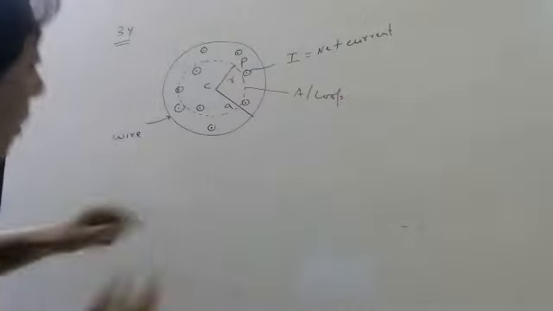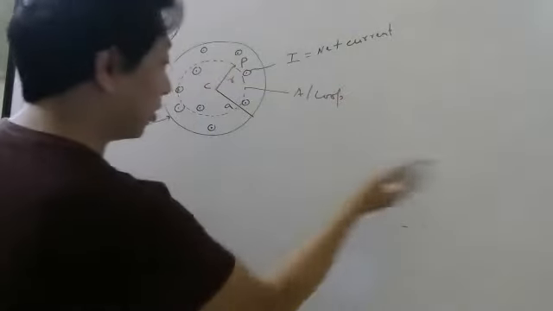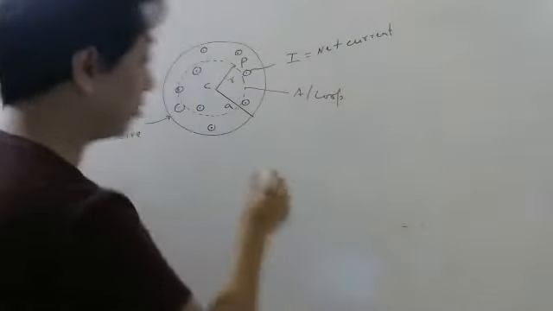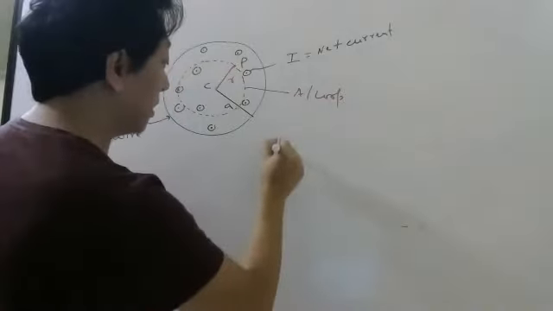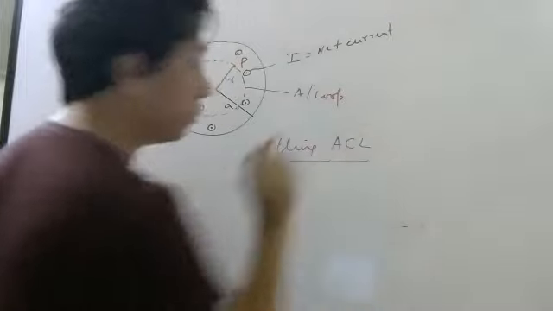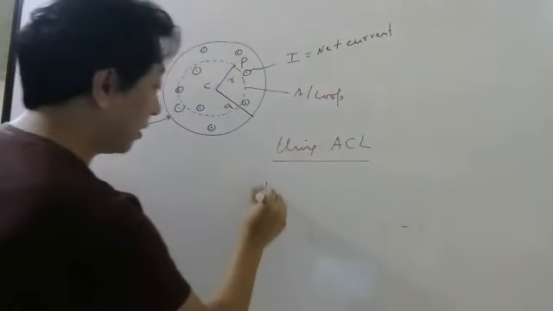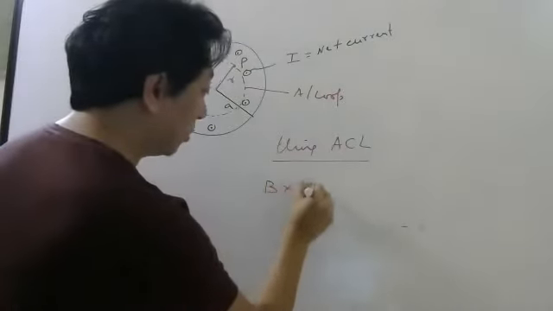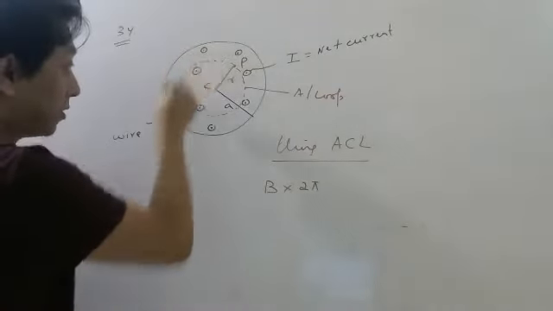Now, using Ampere's circuital law, you should be able to write directly: the left side will be B into 2 pi r, the circumference of this loop.